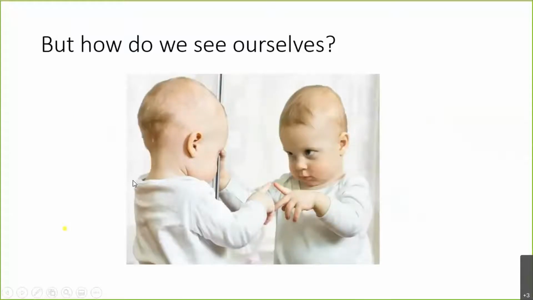But what about when the object is you? When you are the object, how do we see ourselves? What do we need in order to see ourselves? A mirror. Yes, definitely. We need a mirror. So we need something to redirect the light rays into our eyes and produce an image for us.